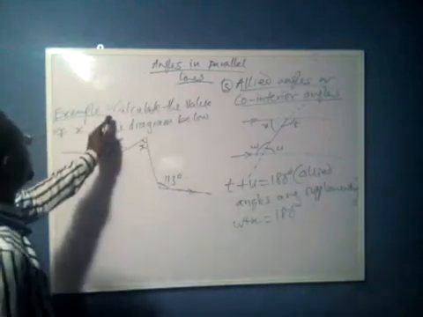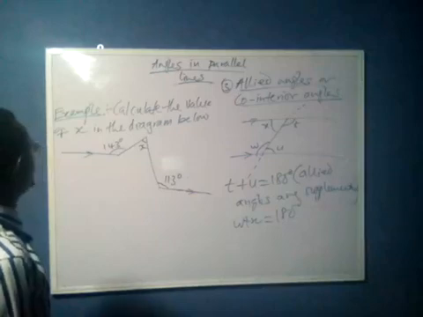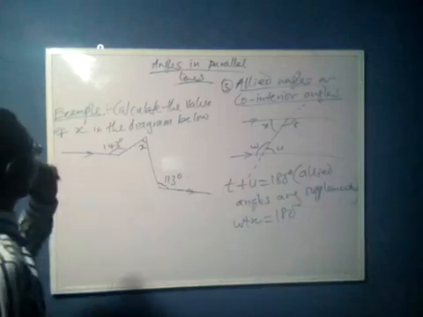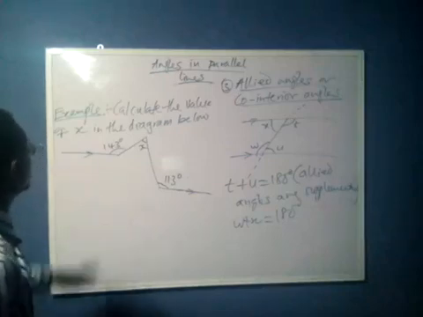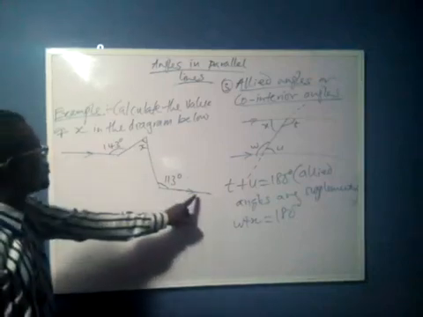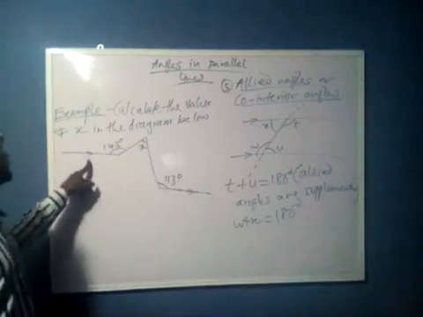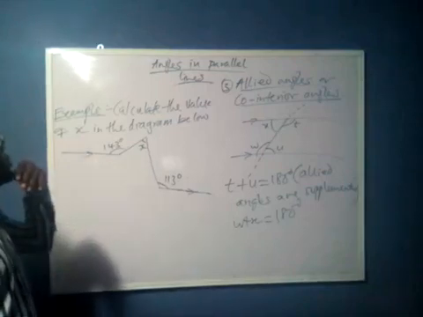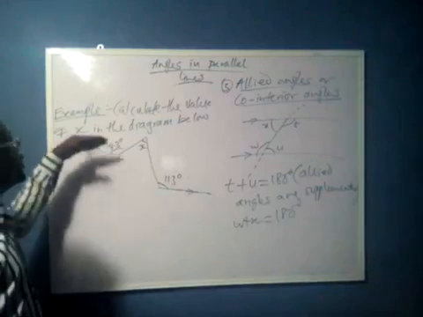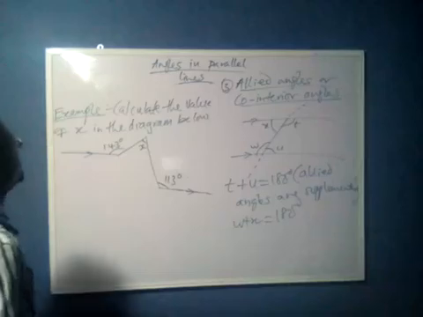We have to calculate the value of X in the diagram below. Now, the parallel lines we have here, because there's an arrow here and there's an arrow on this, has been shortened. So we need to elongate, or we create another one parallel to them both.